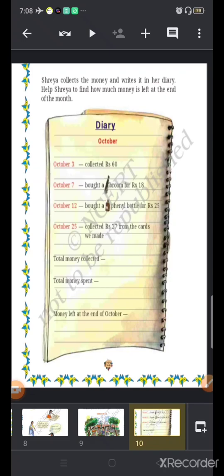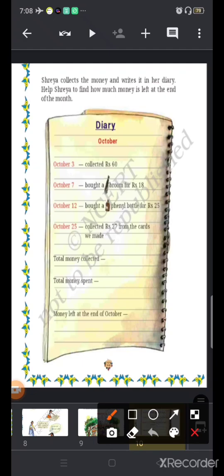Okay. So, what payment is given in the diary? In October, she has collected rupees 60. And in October, she bought a broom for rupees 18. Okay. On October 12, she bought a phenyl bottle for rupees 25.